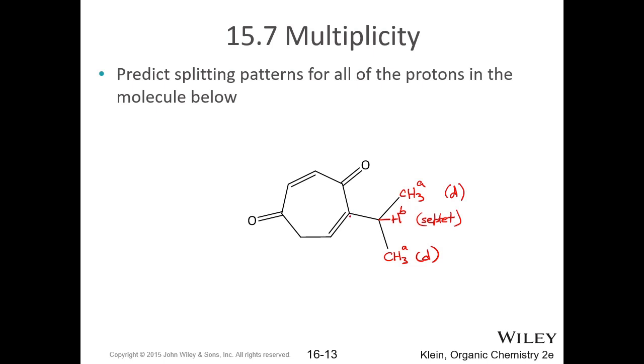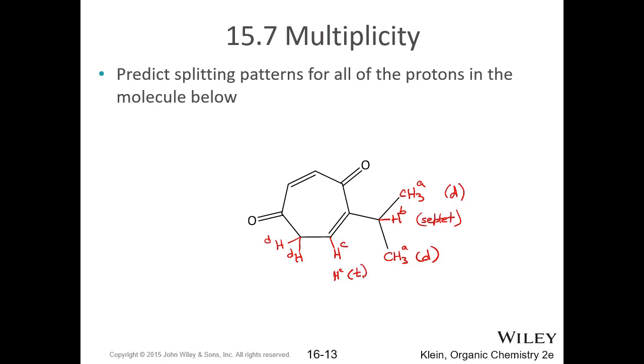There's no hydrogen on that carbon, but there is one here. So we can call this hydrogen C. We've got two more here. Question is, are those equivalent? Remember, the rule is if they're on the same carbon, that methylene, those hydrogens are equivalent unless we have a chiral center, which we do not, so that would make these two equivalent to each other. And hydrogen C would be a triplet.